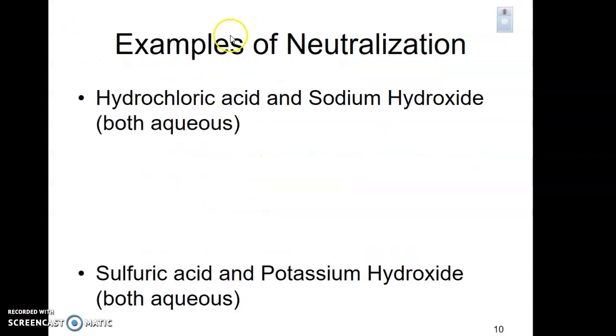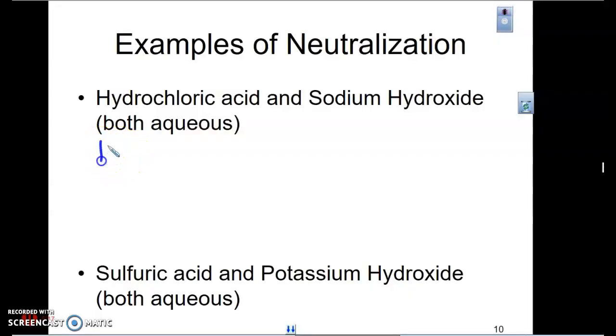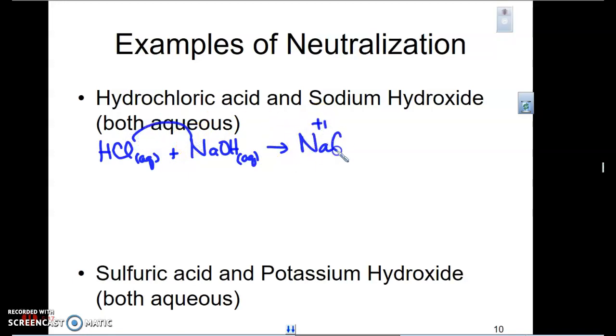So let's take a look at a couple of these. Hydrochloric acid, sodium hydroxide, double displacement. The sodium's going to go with the chloride. And we know from Rule 1 and Rule 2, those are going to be aqueous. And then hydrogen gets together with hydroxide.